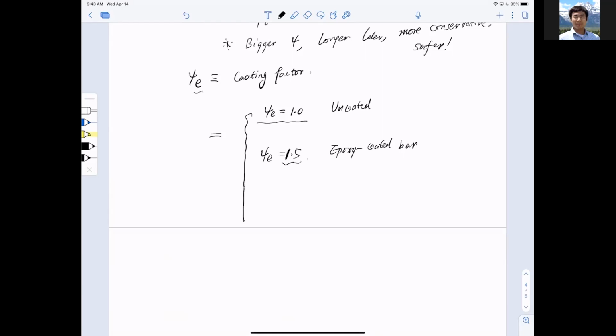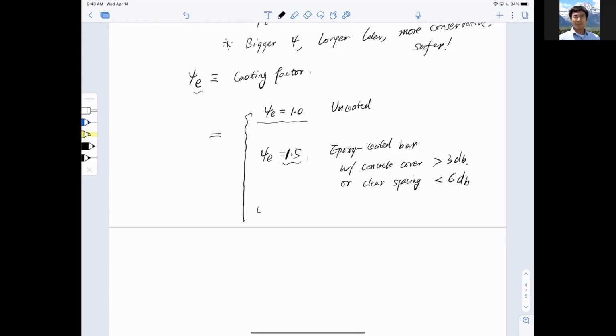And be careful on one thing: this is with concrete cover bigger than 3 times the bar diameter, or a clear spacing between bars smaller than 6 bar diameters, 6 db. These are the criteria to satisfy to use this factor.